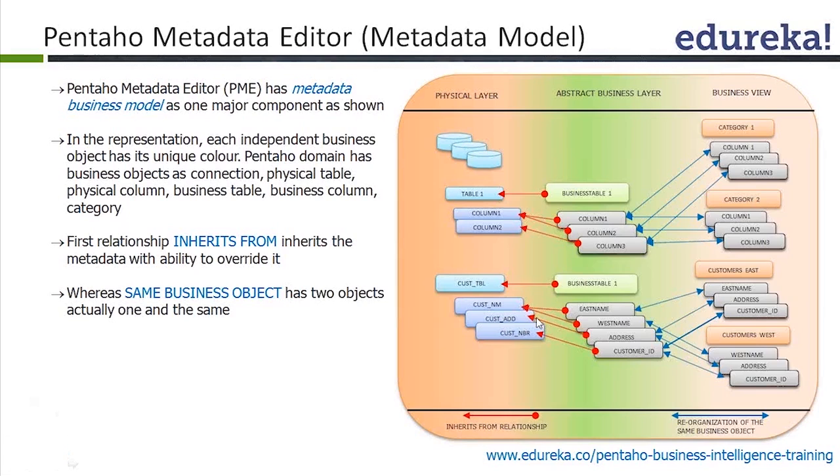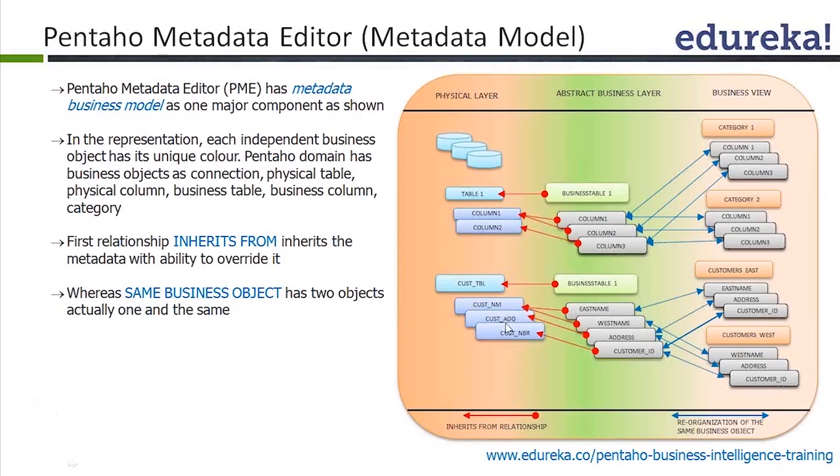So the first relationship inherits that metadata with the ability to override it. For example, here the customer table is inherited by the business table. Now in the customer table you have multiple elements: customer name, customer address, customer number.